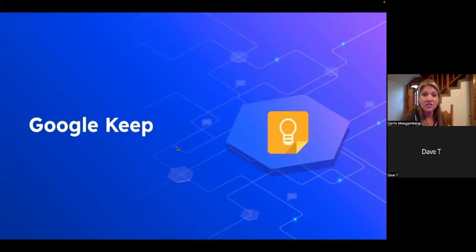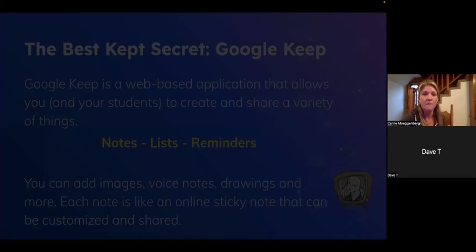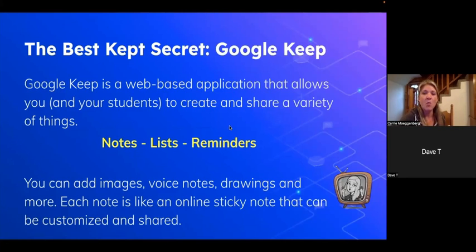Okay, one of the other good secrets that I like is Google Keep. So Google Keep is a way for you to do online notes, but it has so much more to offer. It is web-based, it's also an app for iOS and Android, and it allows you, and even your students could use it, to create a bunch of things like notes, lists, reminders.